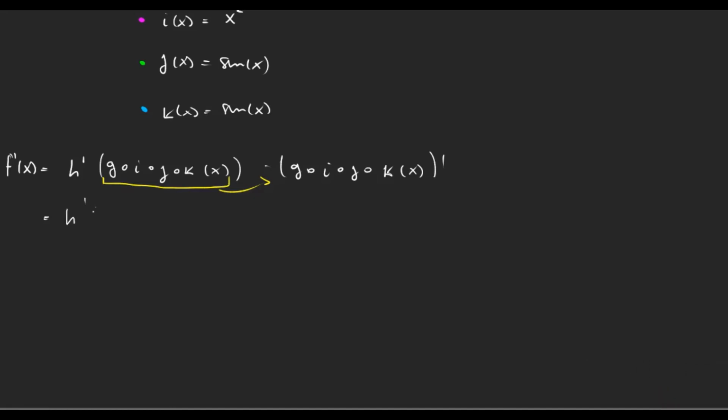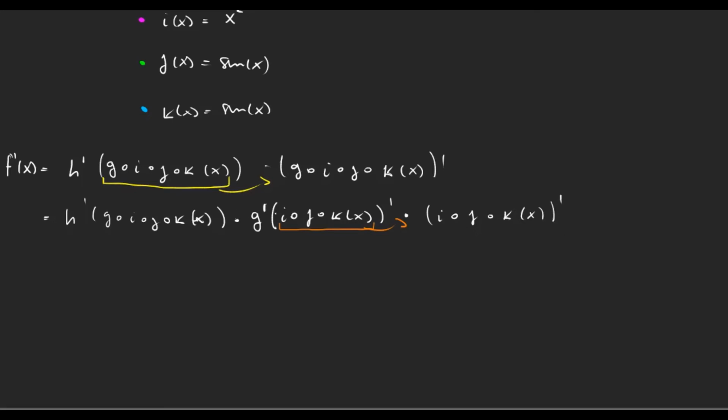So we have this first term, and now for this one we first differentiate the first function, g, and evaluate it in all the rest. And then we take all this thing and we have to differentiate it. So we multiply it by the derivative of i composed with j, composed with k.